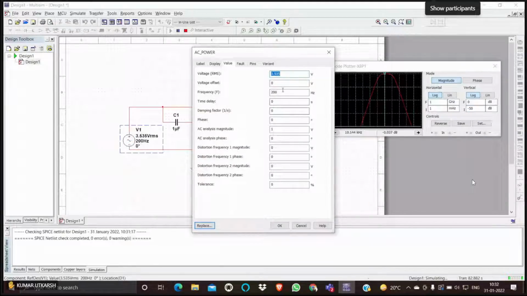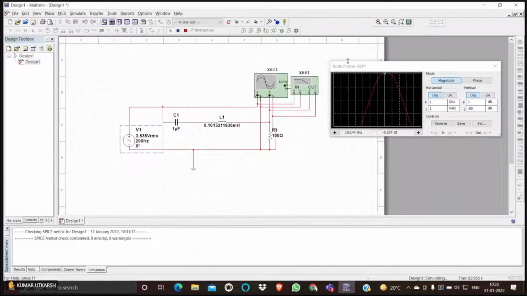Ma'am, the initial frequency that I've taken is 200 hertz. Calculate the resonant frequency. Just a minute, ma'am. May I show you again? How have you calculated the values of capacitor and inductor?